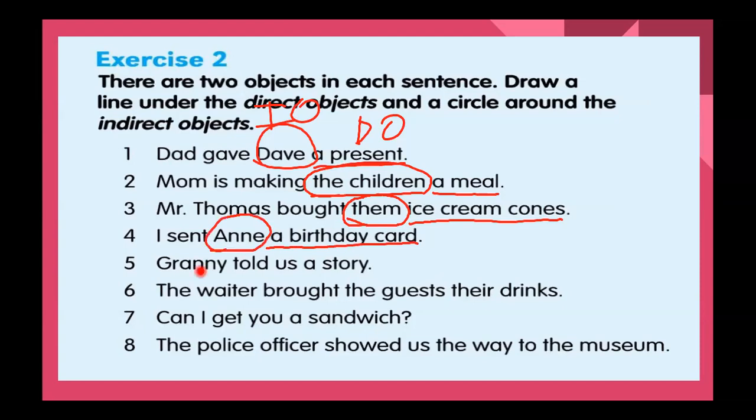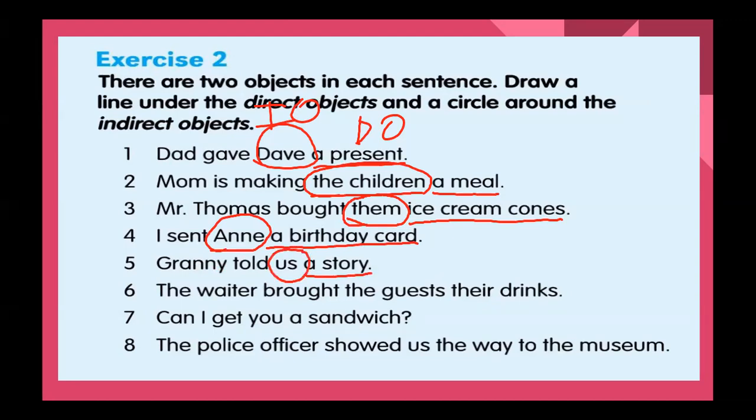Granny told us a story. So what's the direct object? Story. Yes, story is the direct object. किसको सुना रही थी Granny story? For whom? Us. हमें सुना रही थी. So us becomes the indirect object.